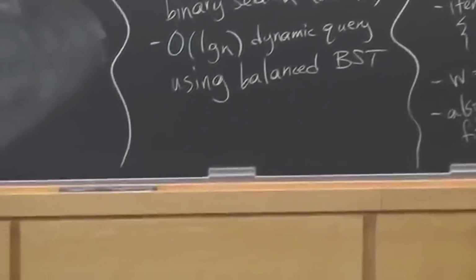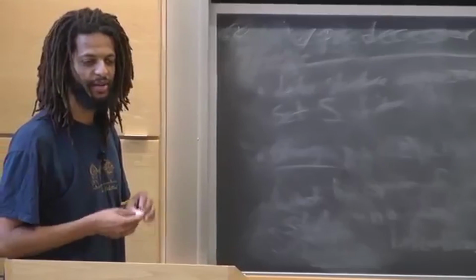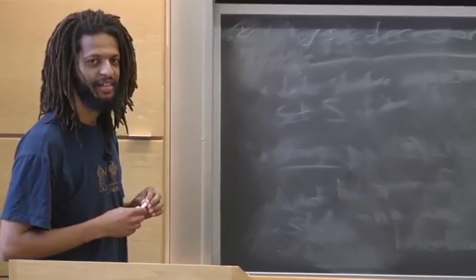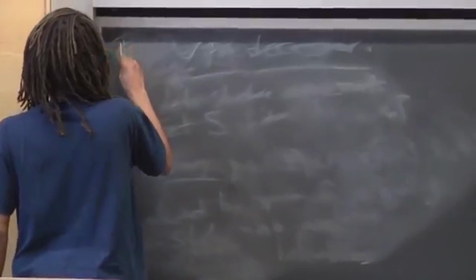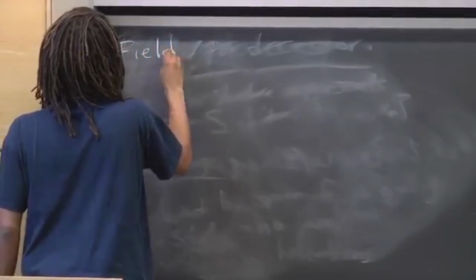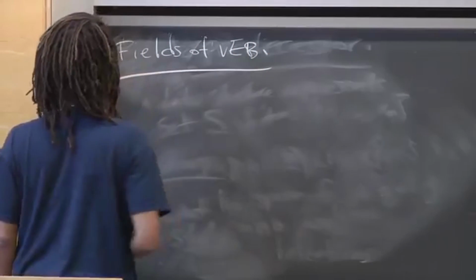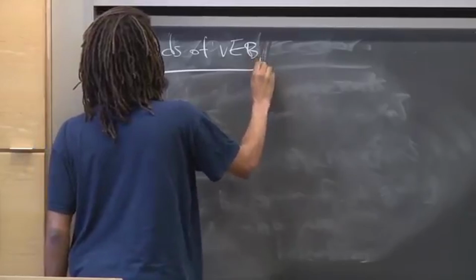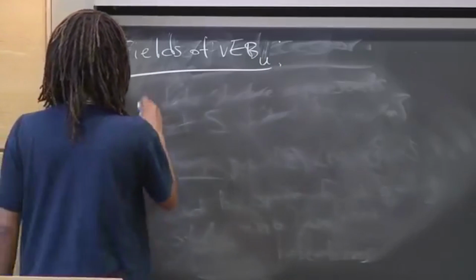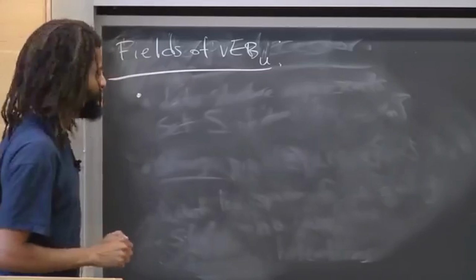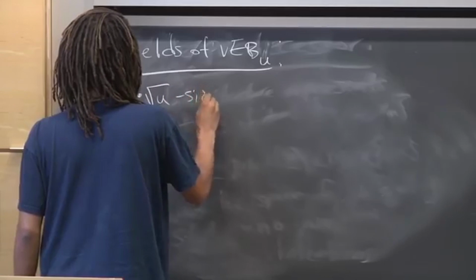So, let's say you're using some object-oriented programming language, and you wanted to declare the fields that your VEB data structure has. So, the fields of VEB, let's say on a size u universe, you would have an array of size root u.